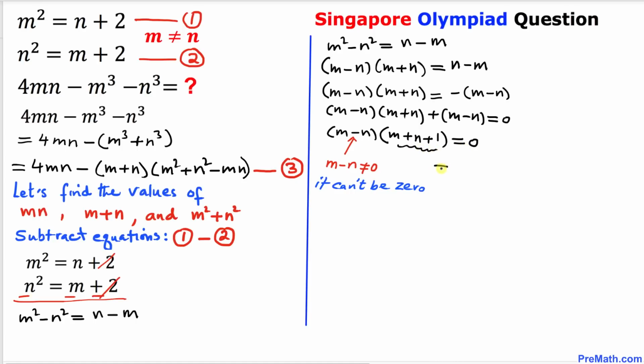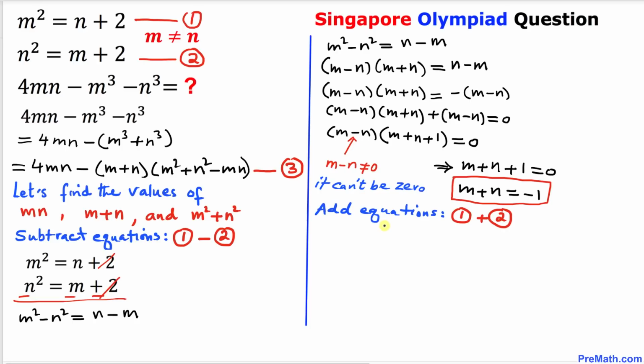So I can write m + n + 1 = 0. If I move this 1 to the right hand side, that means m + n = −1. So thus we found our m + n value equals −1.